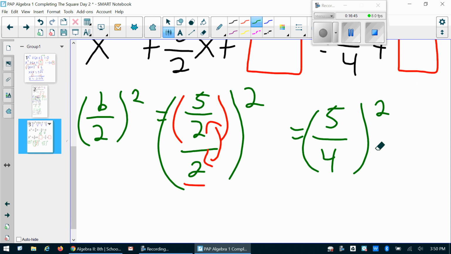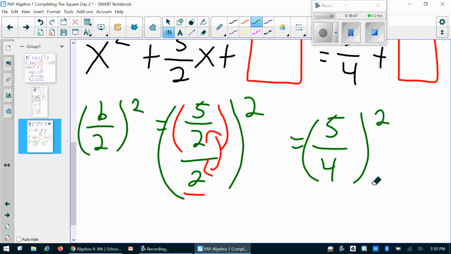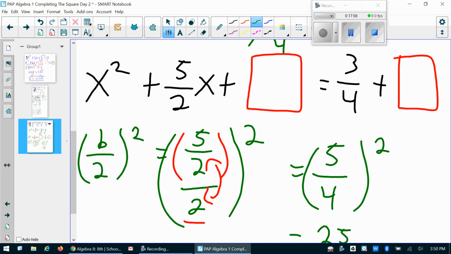And if I square that, I get 25 over 16. Okay. Like I said, you need to try to reduce fractions when you can, but this one cannot be reduced. 25 and 16 do not have any common factors. So I'm going to go ahead and put 25 over 16 in both boxes.